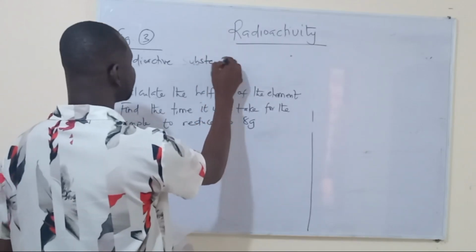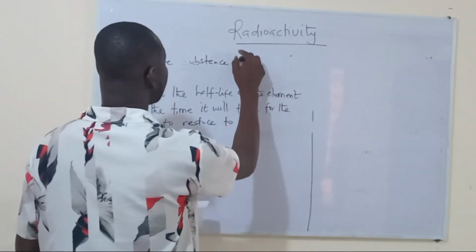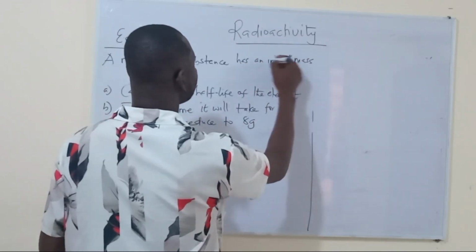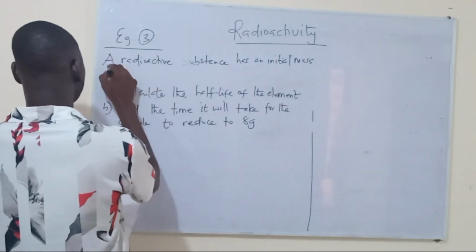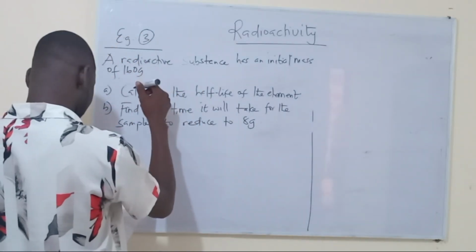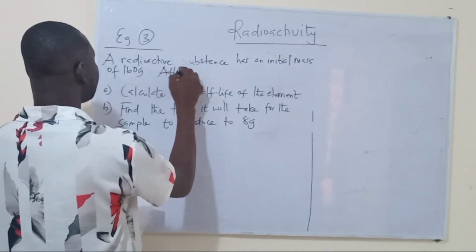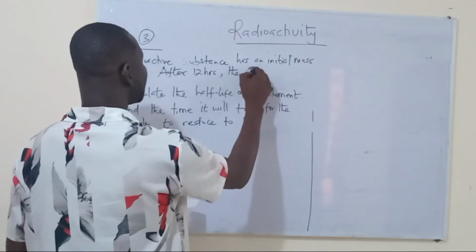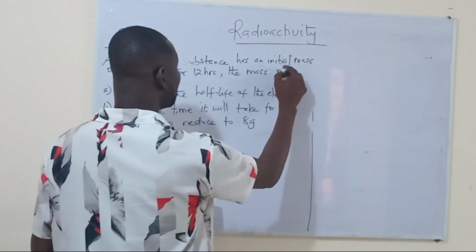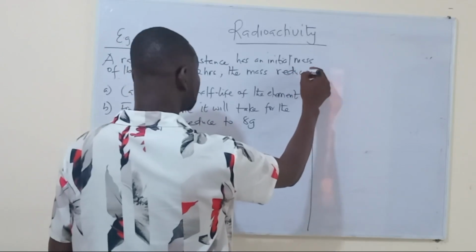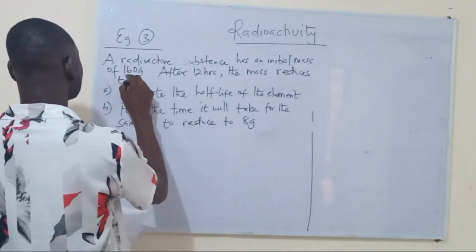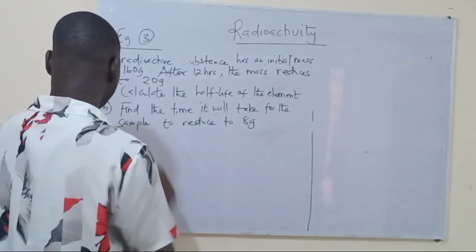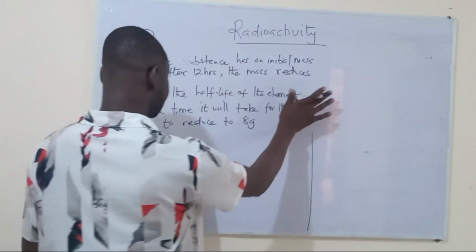A radioactive substance has an initial mass of 160 grams. After 12 hours, the mass reduces to 20 grams. A. Calculate the half-life of the substance.